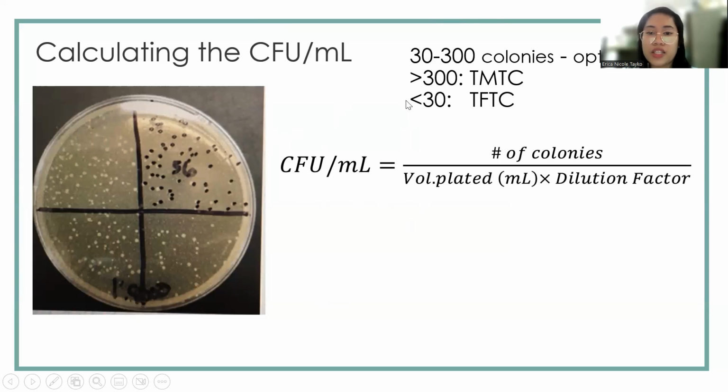If it is less than 30, then it's too few to count, or TFTC. So let's say, for example, we chose this plate after our series of dilutions, the plate with a dilution factor of 10 raised to negative 4. We will now calculate the CFU per ml using this formula: number of colonies over volume plated times dilution factor.